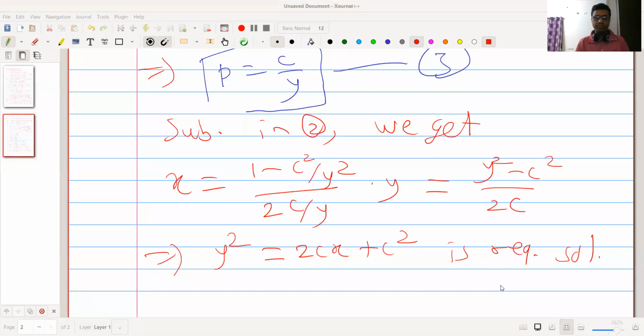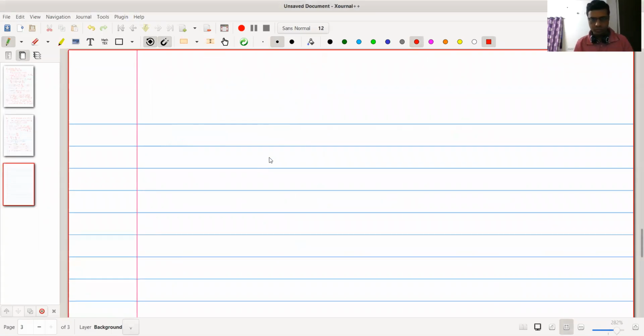Let us see one more example. Example 2: solve x equal to y plus p square.